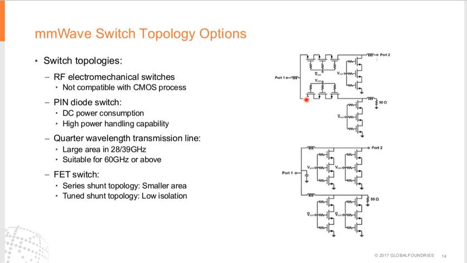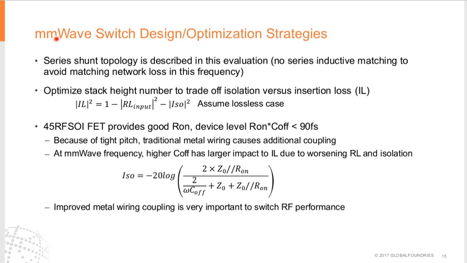So the performance is not as good as this one, based on our evaluation. Okay, this is the design optimization strategy. For the millimeter wave switch, we choose the series-shunt topology as we designed in this evaluation. We don't use series-shunt inductor matching, to avoid the matching network loss at this frequency.